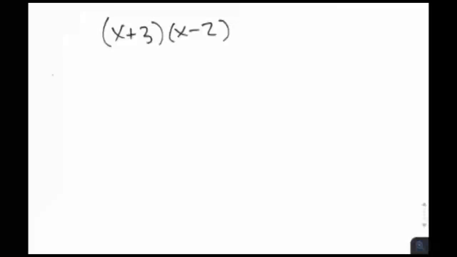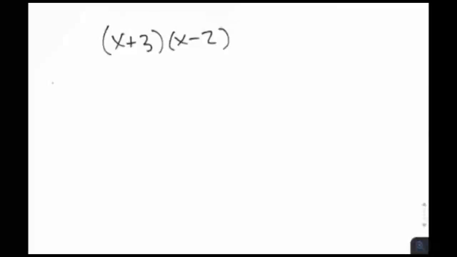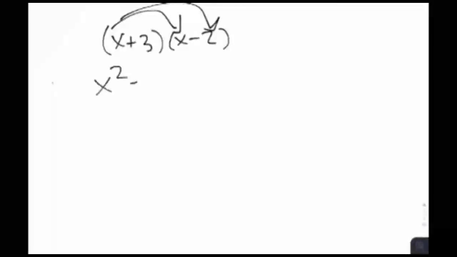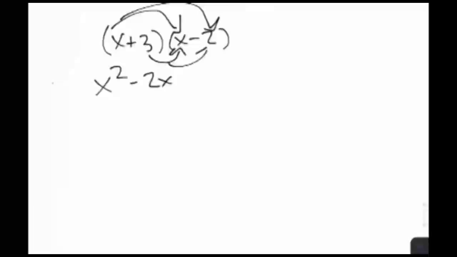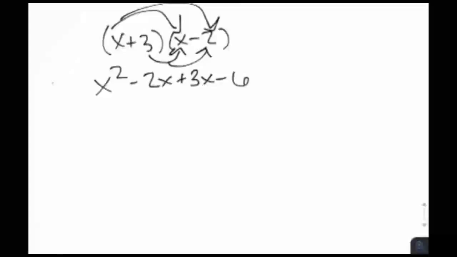So this is the foiling technique. You multiply x by x and then by negative 2, so it's x squared minus 2x, and then multiply 3 by x and by negative 2, so it's plus 3x minus 6.